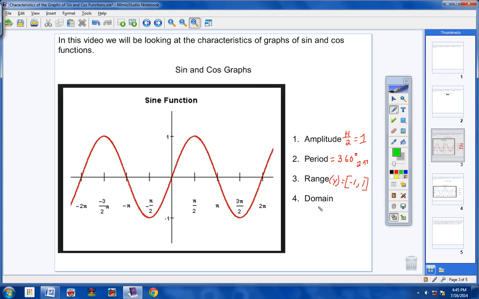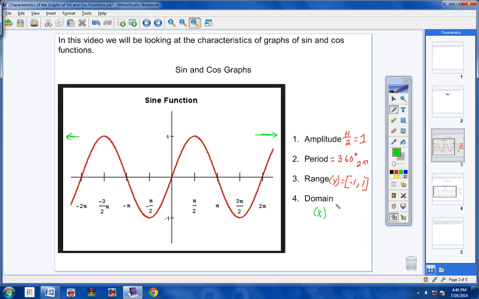Now the domain of a graph, if you'll think back to Algebra 2, deals with the x values, okay? Well, I mentioned to you earlier, the graph continues on and on. And so because of that, there really is no limit to the domain. It's going to continue to go on and on to the right on the x-axis. It's going to continue going on and on to the left on the x-axis.